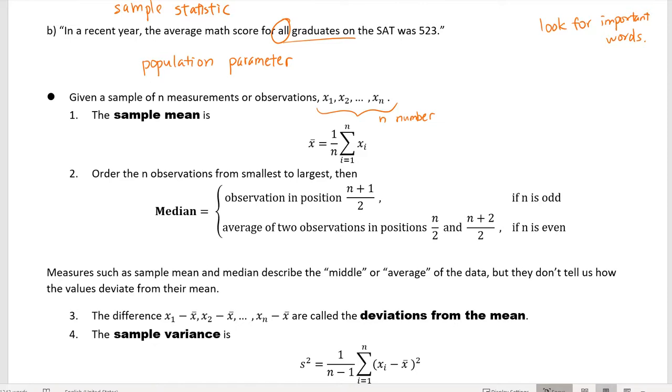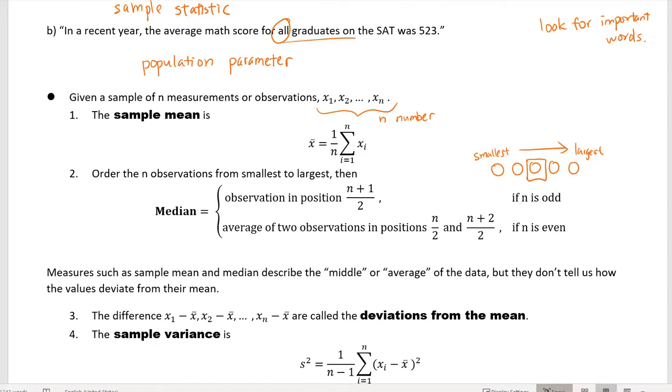Next, order the n observations from smallest to largest. Then what is the median? The median, if n is odd, we order from the smallest to the largest, and the median is the middle one. The middle is the observation in position (n plus 1) over 2.